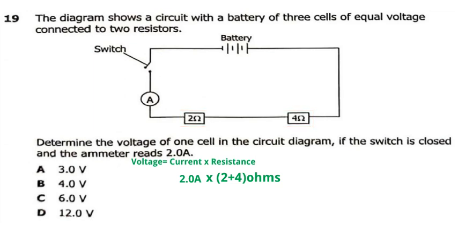Now we work out the expression. We write 2.0 amps times, and if we work out what is in the bracket first, 2 plus 4 gives us 6, so we have 6 ohms. So we have an expression which is 2.0 amps times 6 ohms. When we multiply 2 by 6 that gives us 12, and that will be 12 volts.